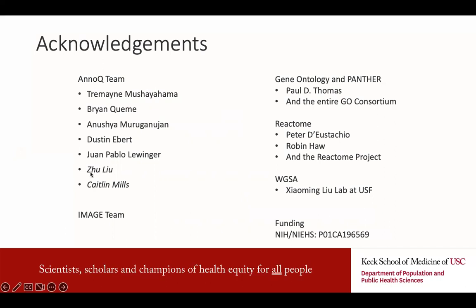The project was initially started by Zhu, who was a student here also. A lot of the ideas in this system were originally from him. He graduated and went on to other positions. And Caitlin is a student in Biostats. She's the one who developed the Peregrine database.